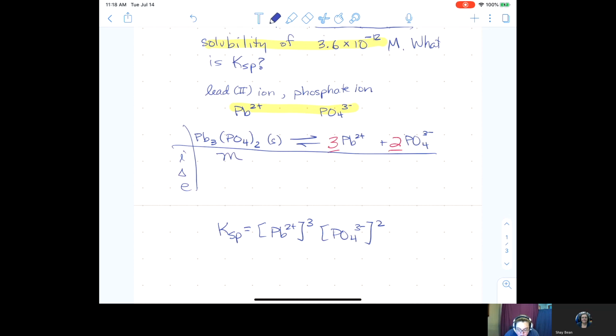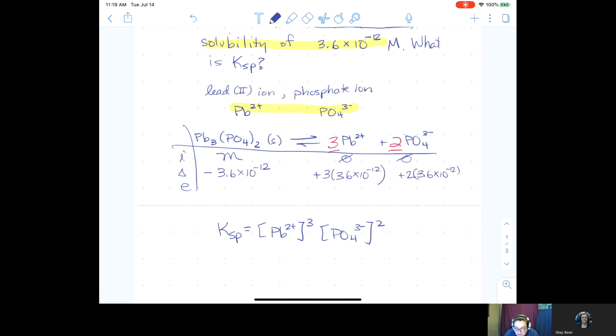that when I start with some solid lead 2 phosphate, 3.6 times 10 to the minus 12 molarity breaks apart, dissolves. And so how much lead ion would dissolve? 3 times that amount. How much phosphate ion would dissolve? 2 times that amount.